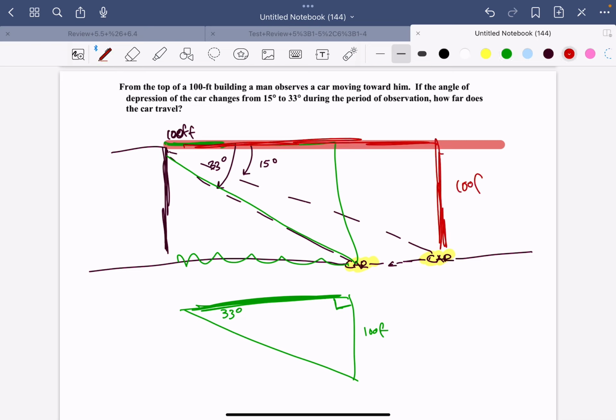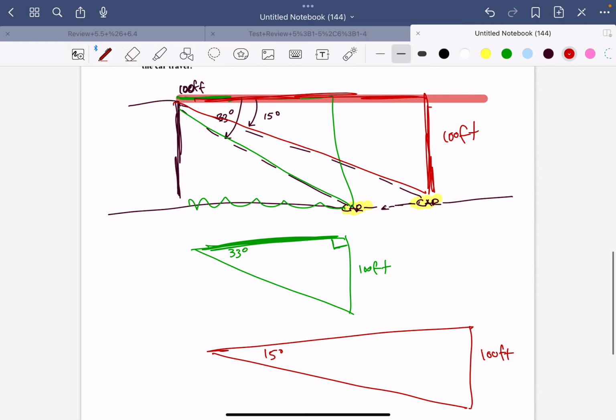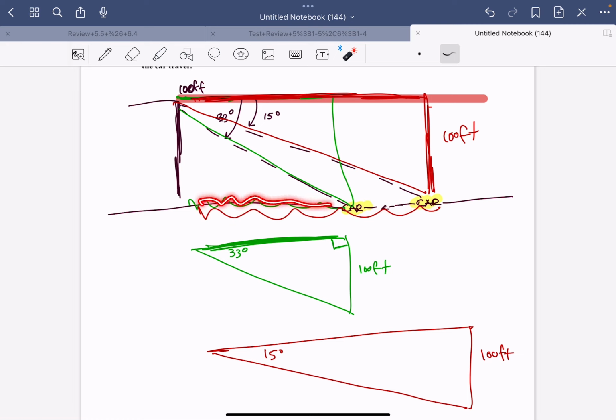It has a height of 100 feet, and this angle for this big red triangle is 15 degrees. That gives us this big long distance on top. So if we take the red distance and subtract this green distance, I think we'll find how far the car has traveled.